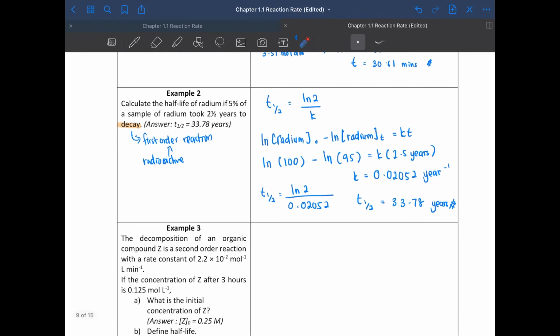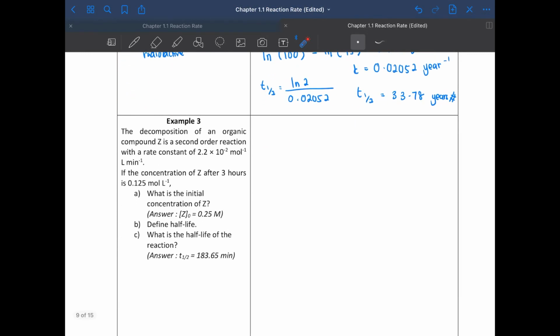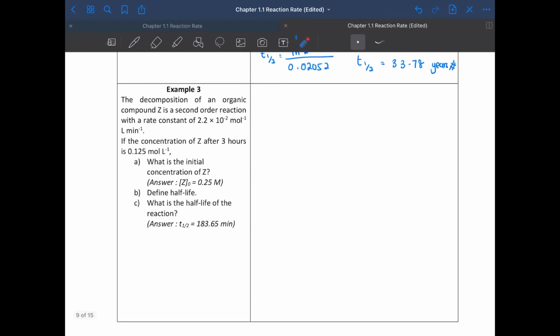Next, kita proceed terus pergi example 3. So for example 3, the decomposition of an organic compound Z is a second order reaction. Again this question quite easy sebab dia dah bagi tahu this is second order reaction with rate constant K 2.2 exponent -2 mole per liter per minute. So the concentration of Z after 3 hours adalah ini.